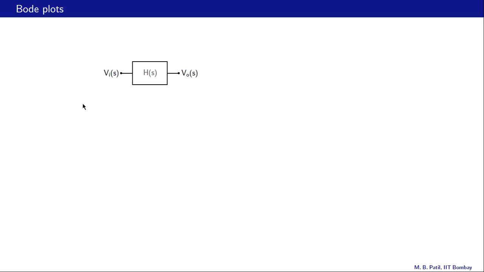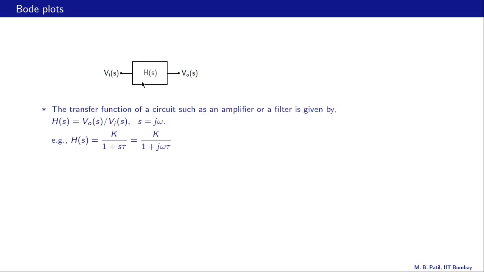Okay, with that longish introduction, let us now come to Bode plots, the topic of our interest. Here is a black box with a transfer function H of s. And what is H of s? H of s is Vo of s divided by Vi of s.